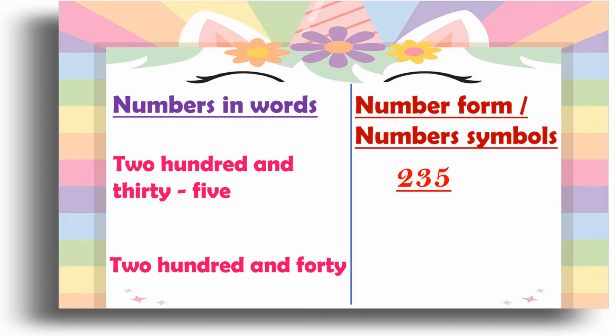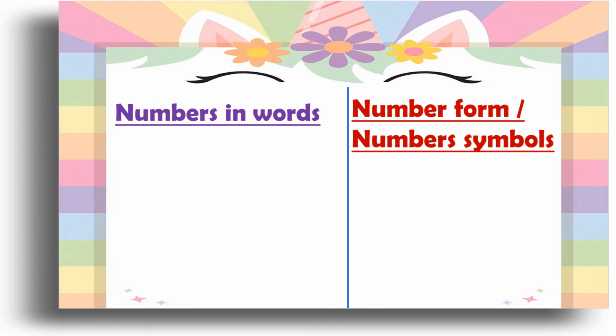When you write 240 in number symbols, you should write 2, 4, and 0. 2, 4, and 0 is the number symbols of 240.